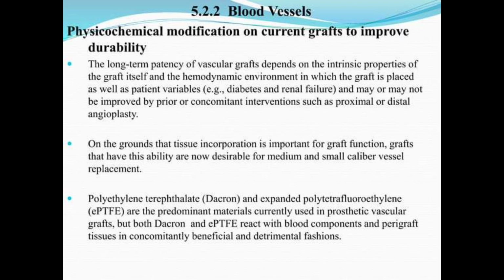What we do here is take up the vascular grafts and improve the vascular graft by placing it in patients with variables like diabetes and renal failure. In all the cases, proximal and distal angioplasty is done to increase the lifetime of the person.